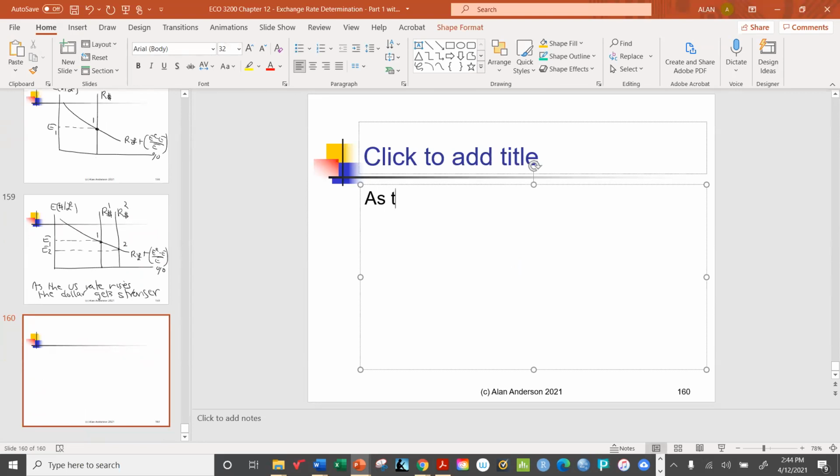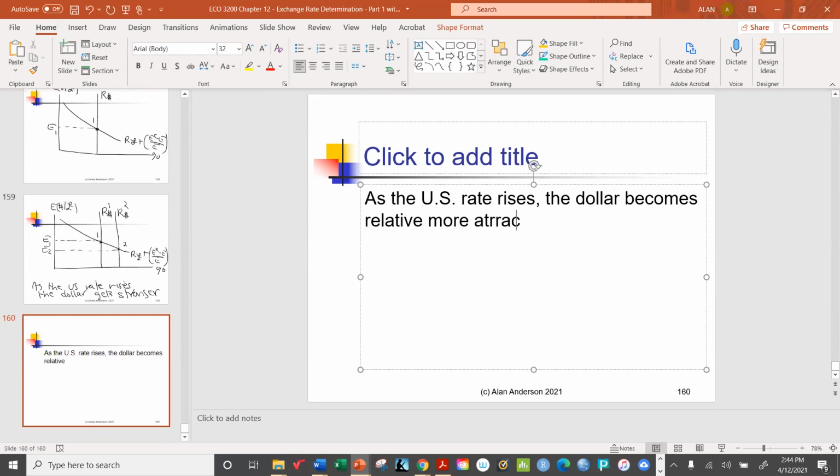In other words, as the US rate rises, the dollar becomes relatively more attractive to investors than the pound.